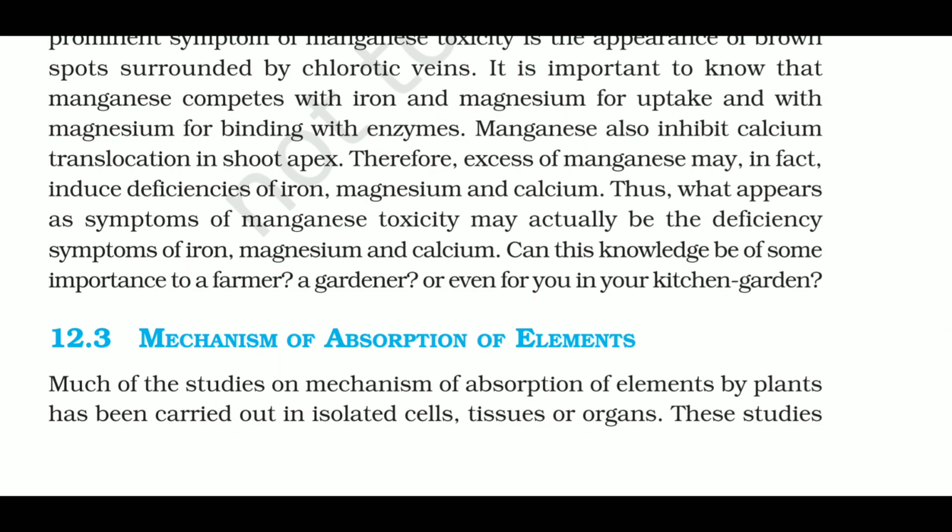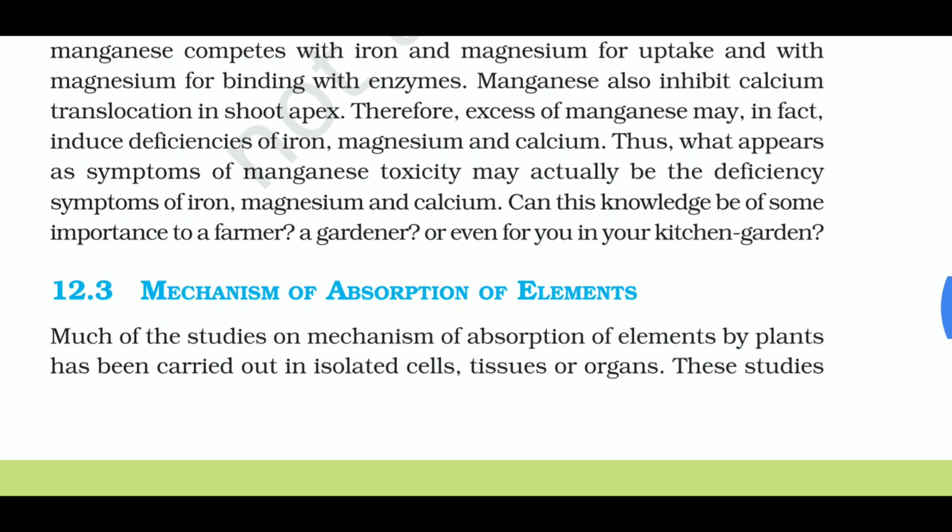Manganese also inhibits calcium translocation in the shoot apex. Therefore, excess of manganese may in fact induce deficiency of iron, magnesium and calcium. Thus, what appears as the symptoms of manganese toxicity may actually be the deficiency symptoms of iron, magnesium and calcium.